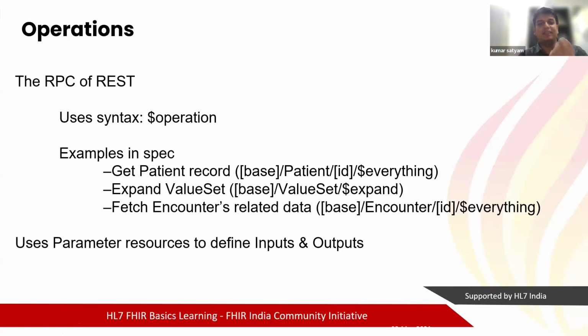So that's a special operation, the everything operation. You understand my point, right? Similarly, $expand is another operation that has been defined for terminology servers, and so on and so forth. So operations, you can think of them as special commands which are defined to do special work.